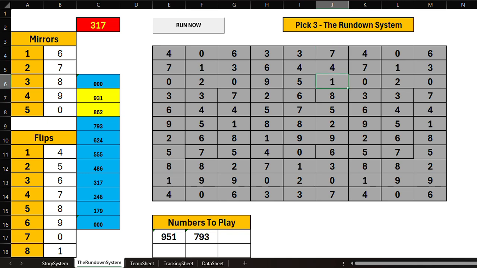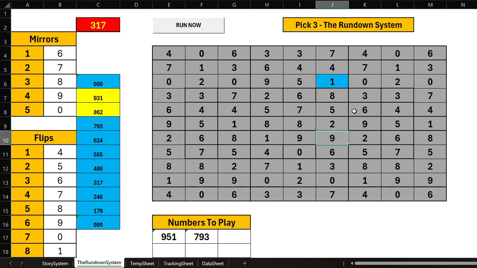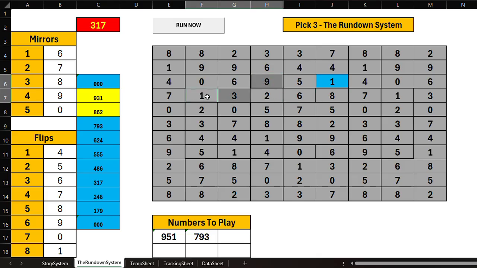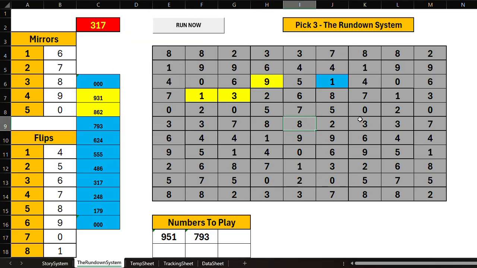And I'm gonna highlight this because this is our number here. And then 931. All right, so that's the way it's supposed to be. 931 is here. And the 286 is here.